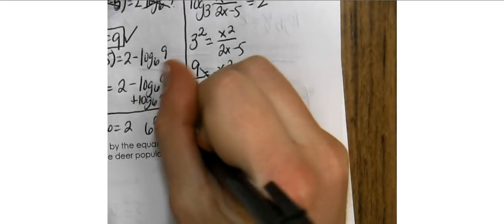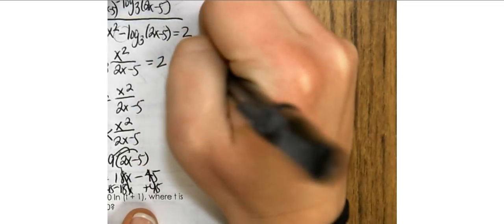Since this is a quadratic equation, I need to bring everything over to the side where the exponent is positive. So I'm going to subtract 18x on both sides, and I'm going to add 45 to both sides. By doing that, the 18x and the 45 cancel out, and I am left with x squared minus 18x plus 45 is equal to 0.